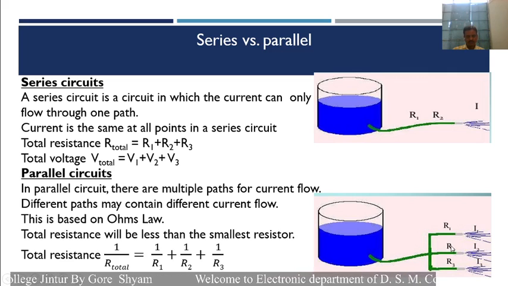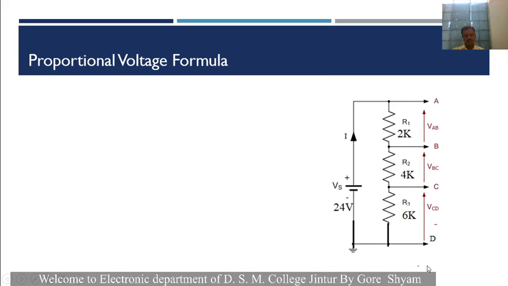This is the parallel circuit. Okay, and the total current is equal to I1 plus I2 plus I3, meaning the current flowing through this plus this is the total current. So these are the parallel circuits.